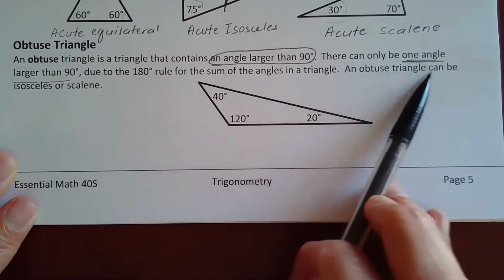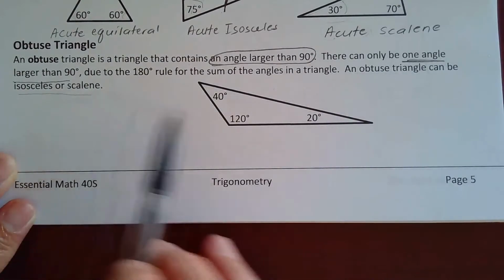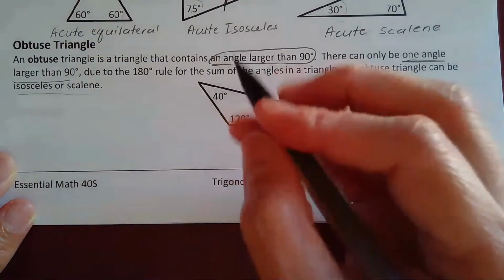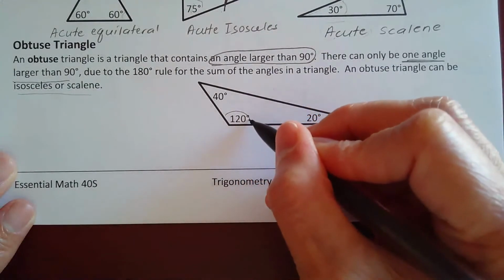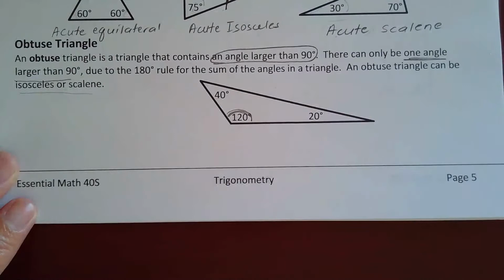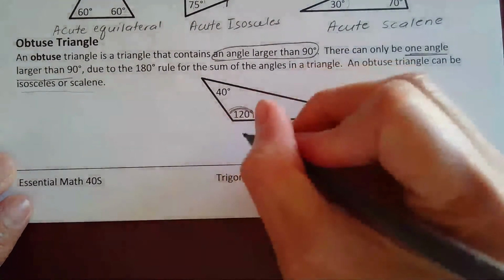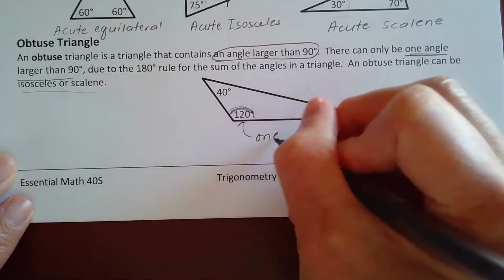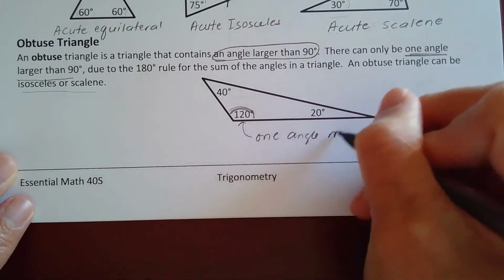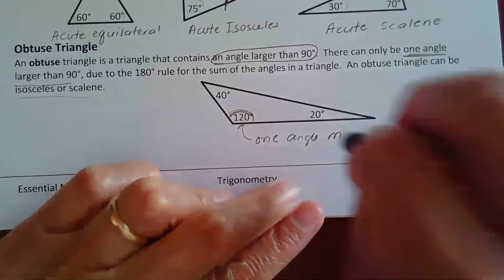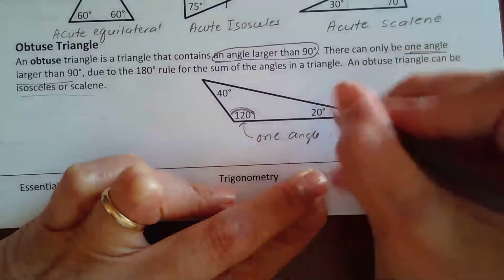So an obtuse triangle could be isosceles or scalene. This is obtuse because we have this one big angle bigger than 90 degrees.